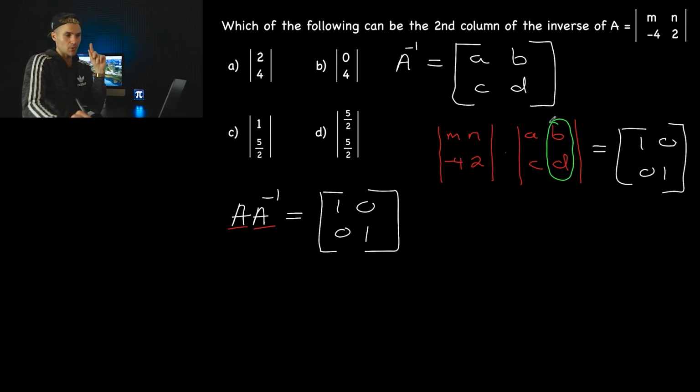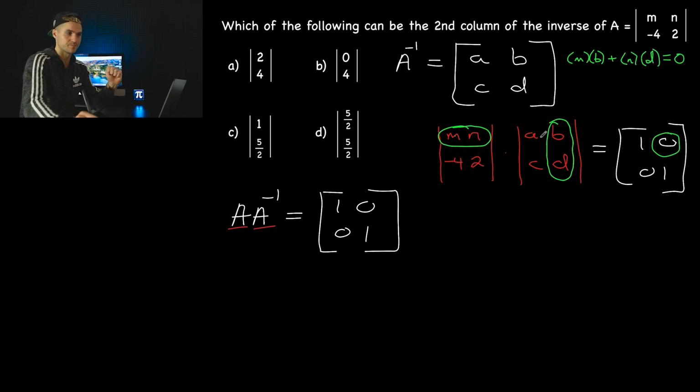Well, we know that the first row of this first matrix A multiplied by the second column has to be this entry, the entry in the first row and the second column. So we know that M times B plus N times D has to equal 0.